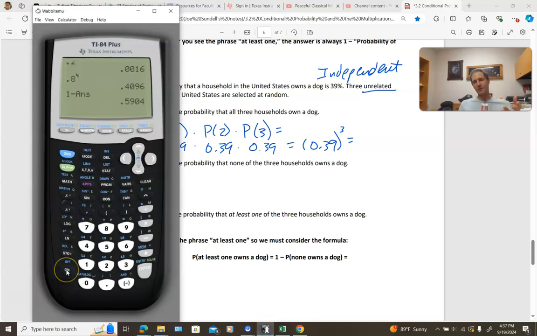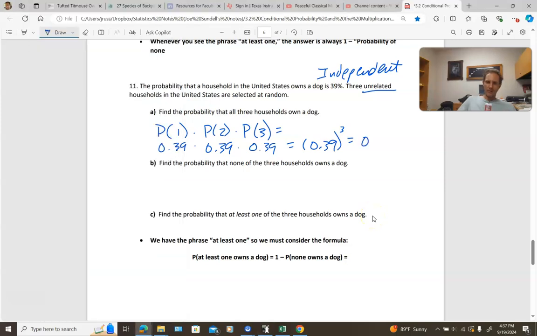This one is very similar to the previous example. All right, so if we round this to 3 decimal places, we're going to get 0.059. Okay, and the overall probability decreases each house that you add.